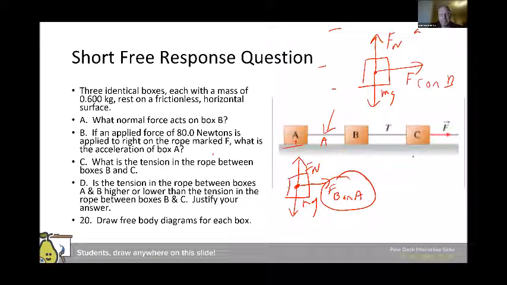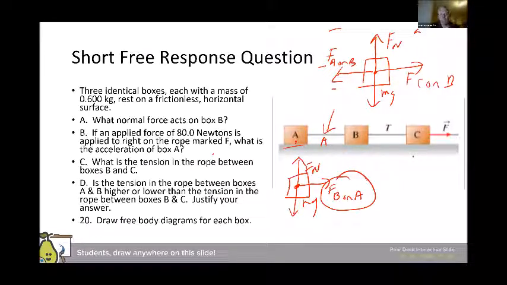What am I missing? If B pulls on A, what else has got to happen? Newton's third law, guys. If B pulls on A, what else has to happen? A pulls on B. A has to pull on B. Absolutely. Yes. There you go. Thank you. So we'll call this the force of A on B, like so.